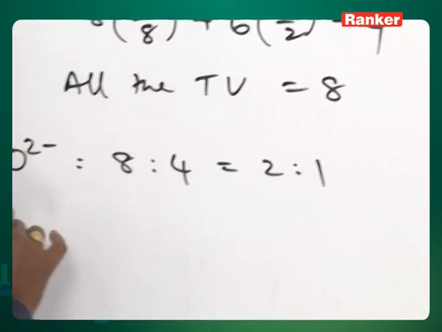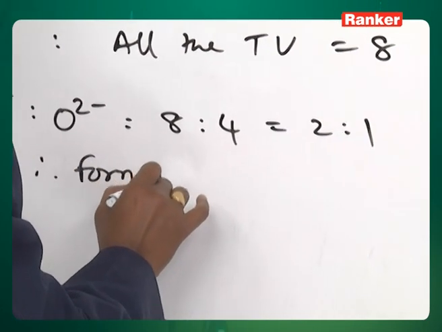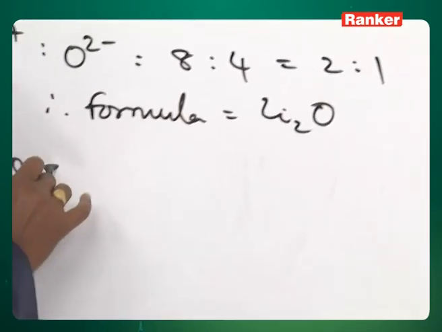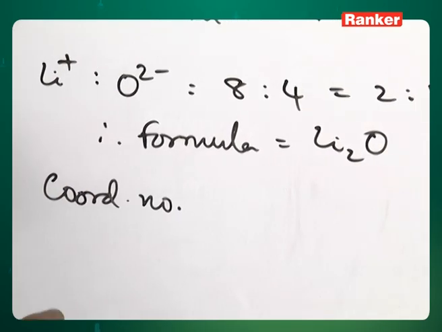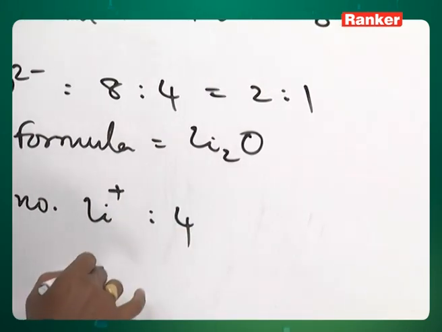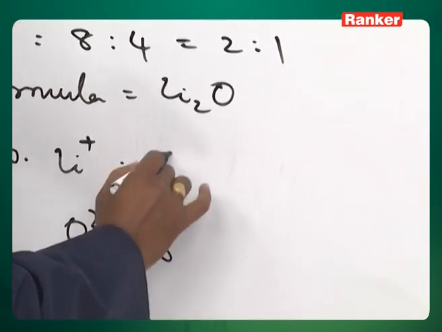So, the formula is Li2O, and the coordination number for lithium ion is 4 and for oxide ion it is 8.